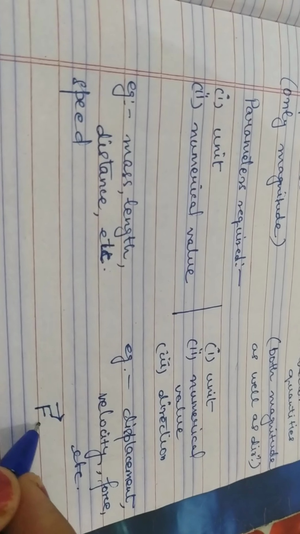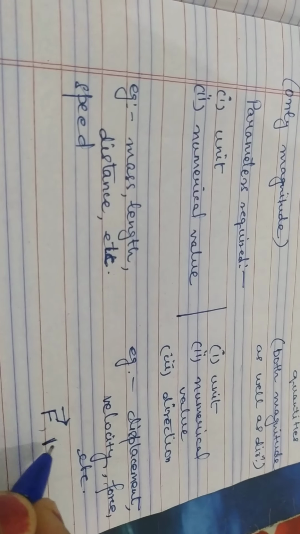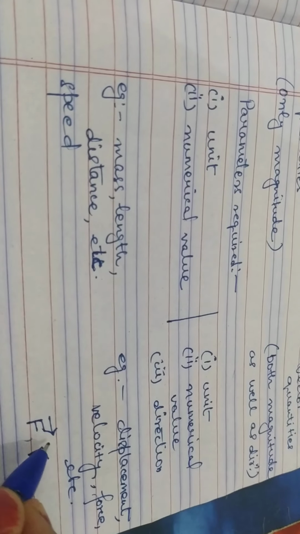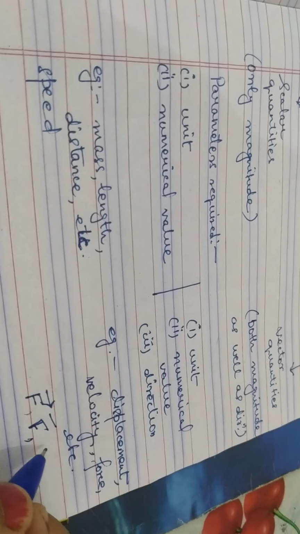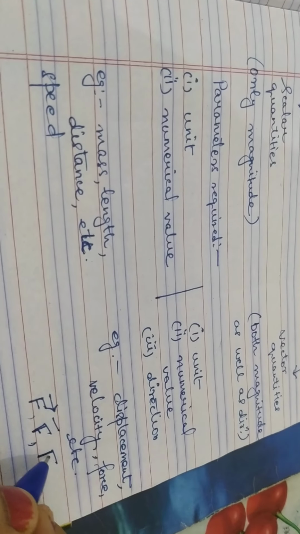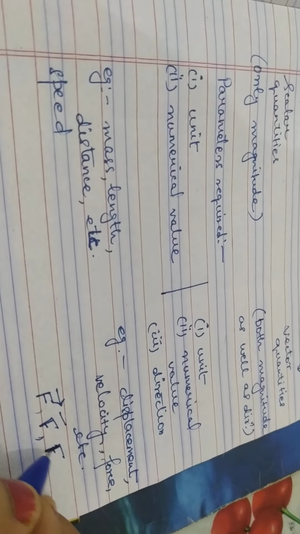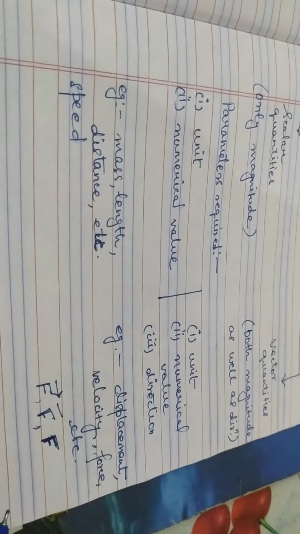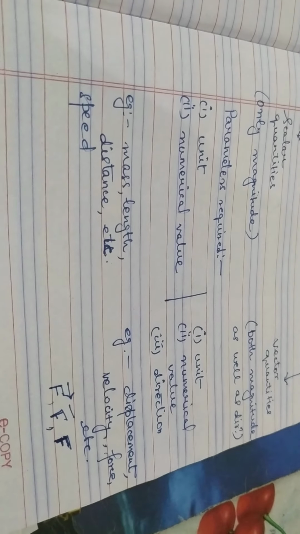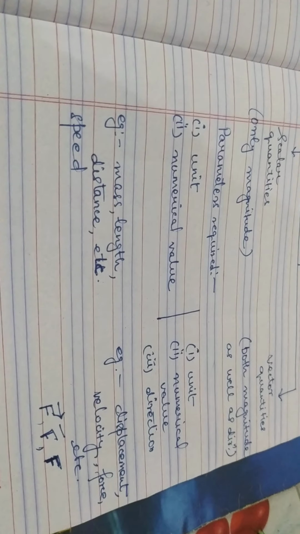Or we can simply write F and put a bar over it. Or in books you will find it as F written in bold. So these are the ways we represent vector quantities, right?